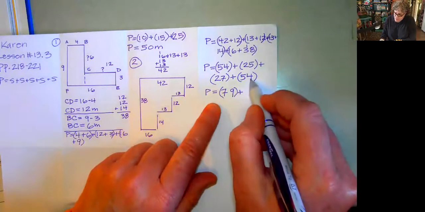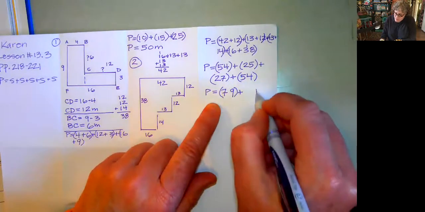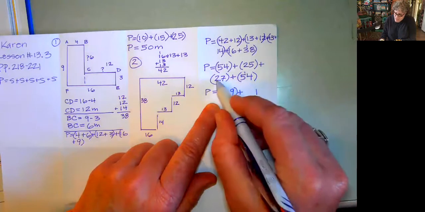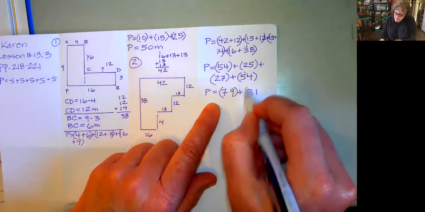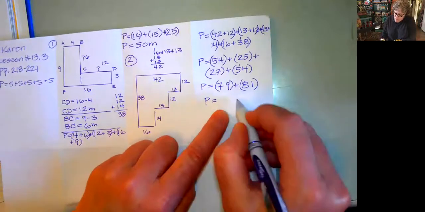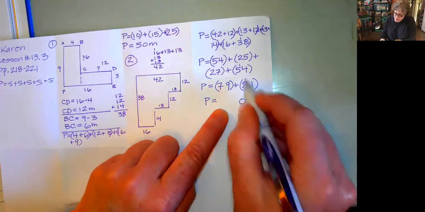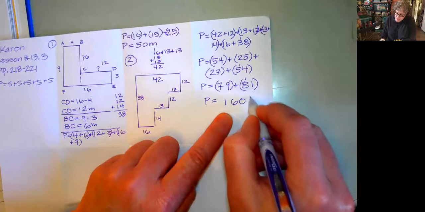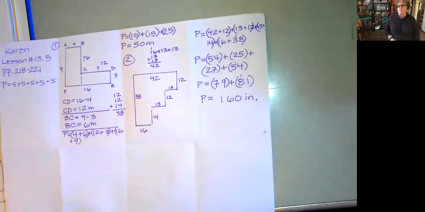And then I have 7 plus 4 is 11. Regroup, and I have 5 plus 1 is 6, 7, 8. So then I add these two together and I get 8, 9 plus 1 is 10, regroup, and I get 160 inches is my perimeter.